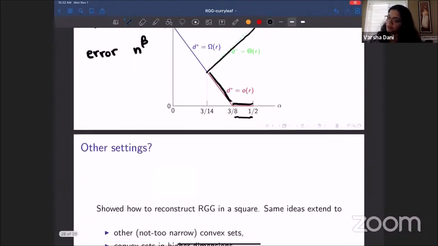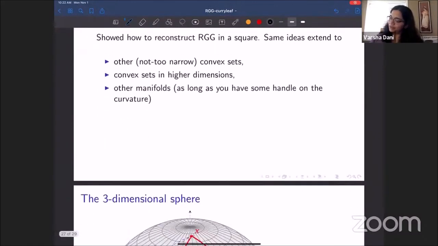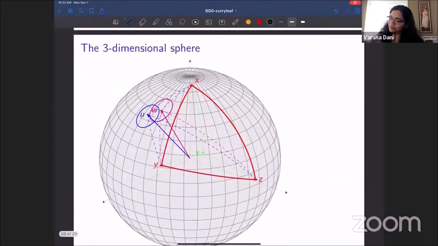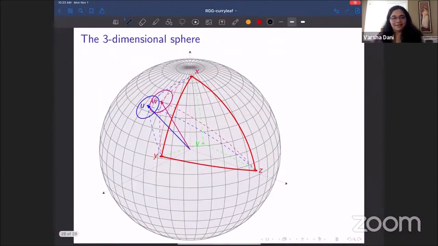Okay, and finally, there was nothing special about the square. The same ideas extend to other convex sets or convex sets in higher dimensions or other manifolds, as long as you have some handle on the curvature. And I will leave you with this picture of the same thing working on a sphere. And thanks.